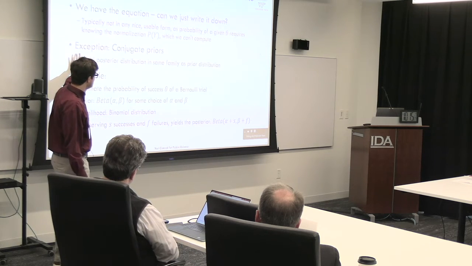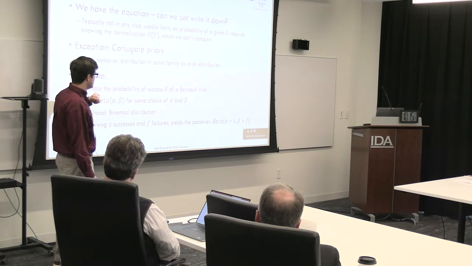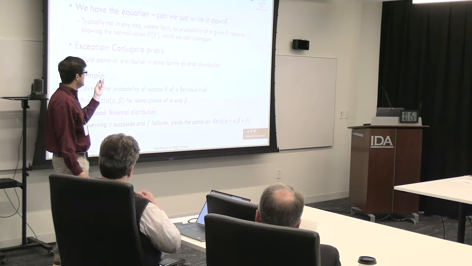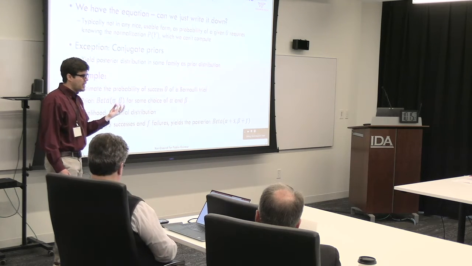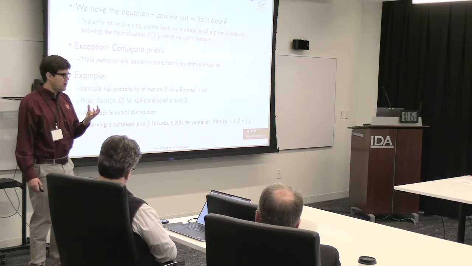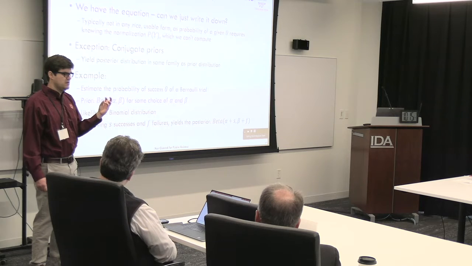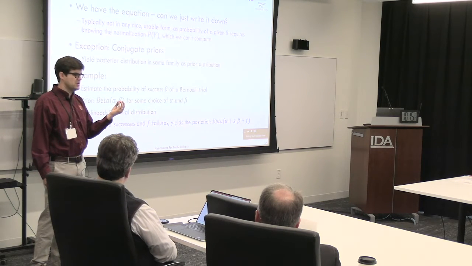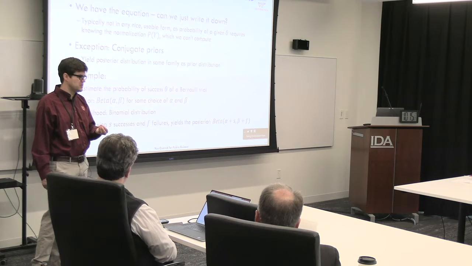The exception is conjugate priors, where the prior and the likelihood are designed in such a way that the posterior distribution comes from the same family of distributions as the prior did.